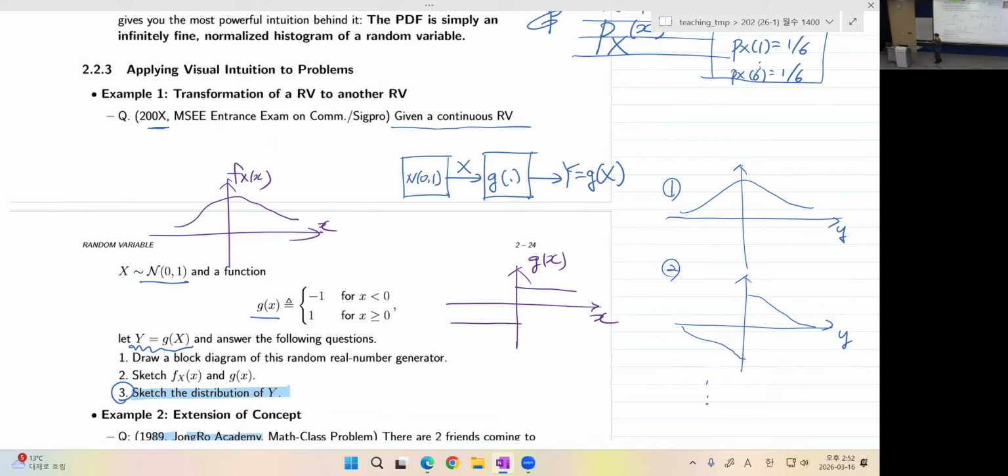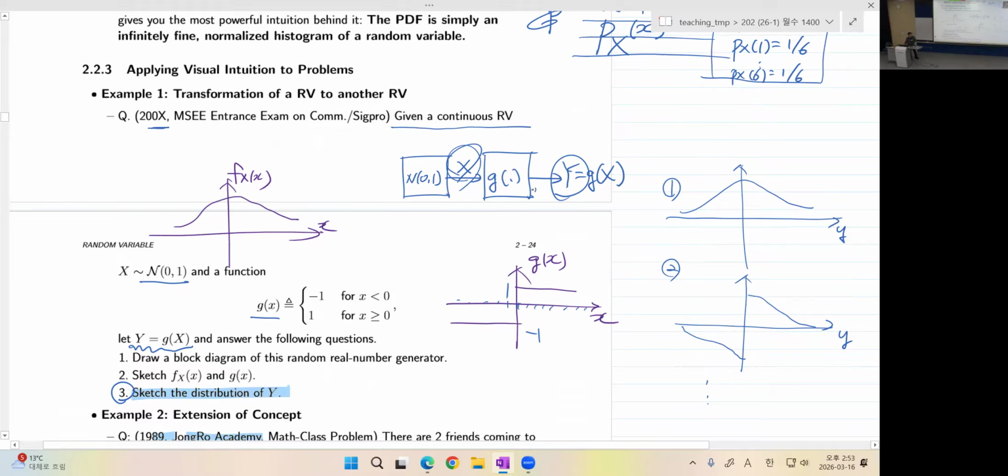What happens? Whenever input is a positive number, it assigns 1. Whenever its input is a negative number, it assigns negative 1. Then, what is the possible output of this block?